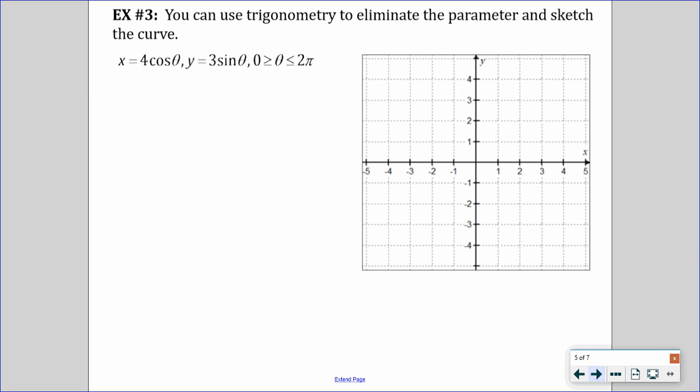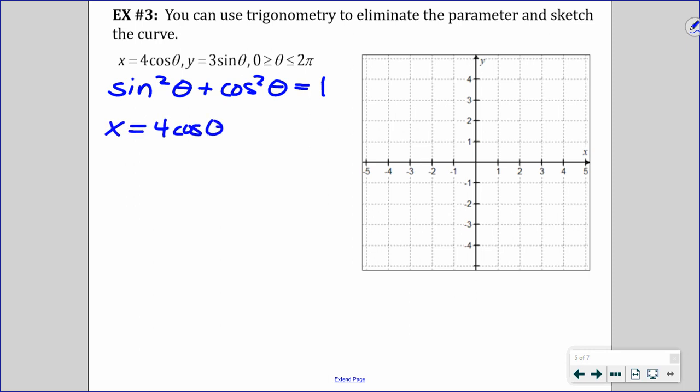Okay, now I wanted to show you that we can also use trigonometry to eliminate the parameter. So in order to do that, we're going to use one of our trig identities. This is called the Pythagorean identity. Hopefully it looks familiar. Sine squared of theta plus cosine squared of theta equals 1. So in order to use this identity, notice how x equals 4 times cosine theta.